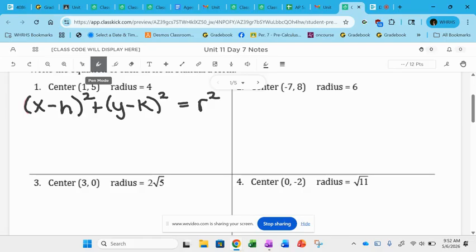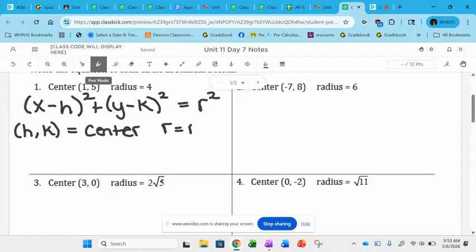And in this equation, in order for us to look at this equation and have it make sense to us, we need a number for h, we need a number for k, and we need a number for r. So h comma k is going to represent the center, and r is going to be the radius.